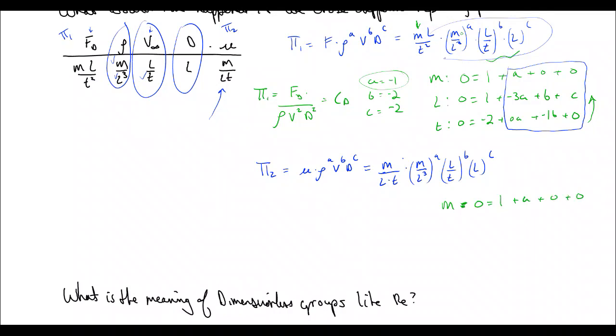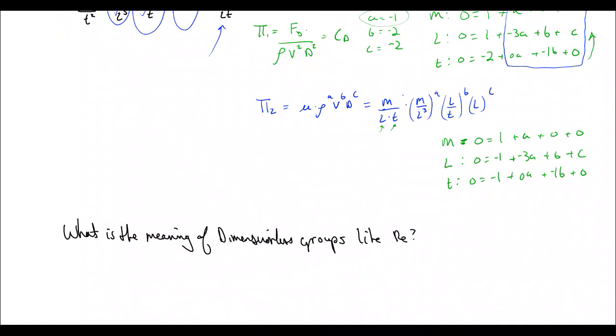Now for length, we have 0 is equal to negative 1, because length is on the bottom. So negative 1 plus negative 3a plus b plus c. And then for time, we have time on the bottom. So we have 0 is equal to negative 1 plus 0a plus negative 1b plus 0. Great.